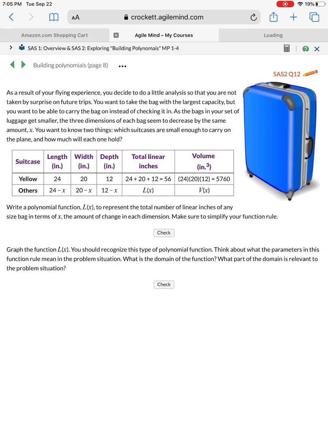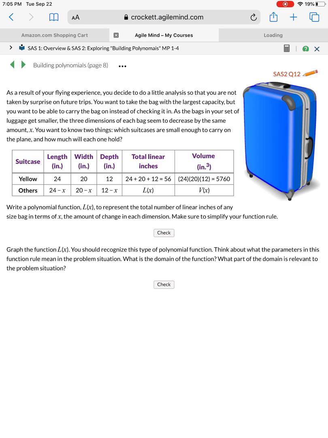Okay, there we go. This leads to number 12, okay? And it says, on Agile Mind, as a result of your flying experience, you decide to do a little analysis so you are not taken by surprise for your future trips. You want to take the bag with the largest capacity, but you want to be able to carry the bag on instead of checking it in.